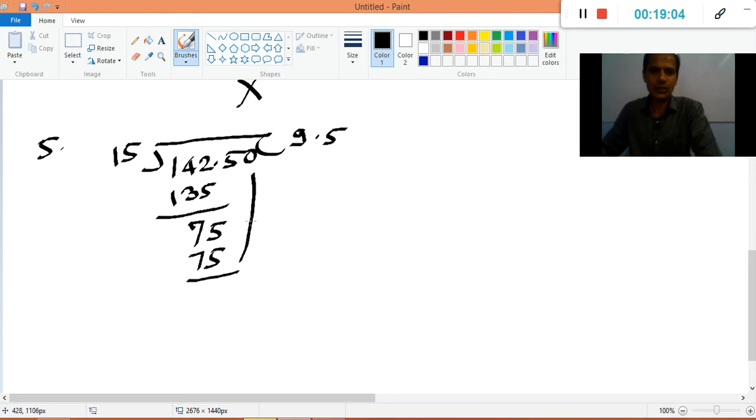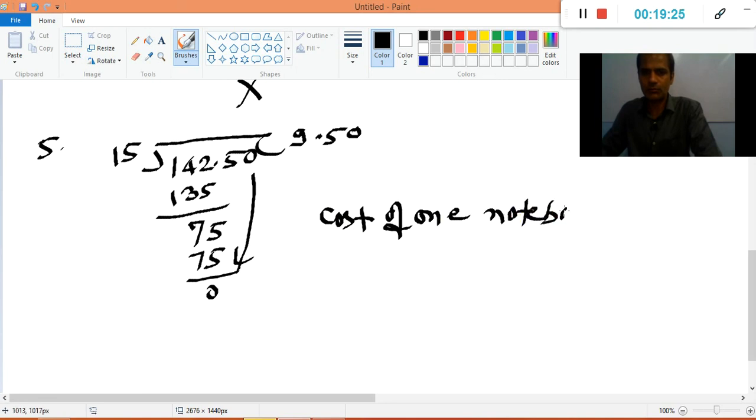Finally we copy this 0 here, and 0 is not divisible by 15, so we write 0 in the quotient. The answer is 9.50, means 9 rupees 50 paise. So you have to write that cost of one notebook is rupees 9.50.